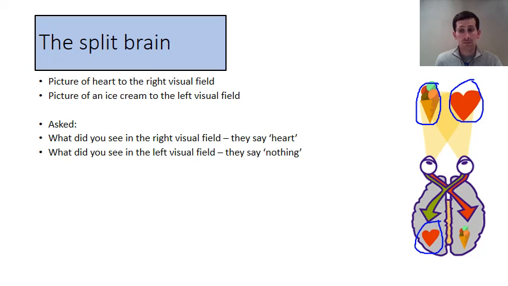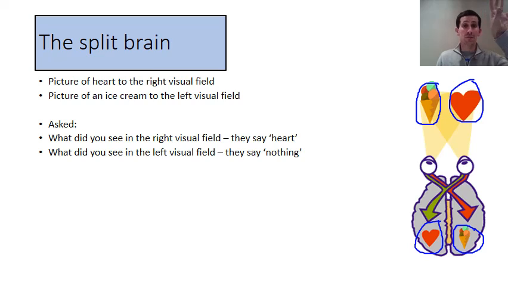they'd say nothing. Their brain is able to process this information because it's on the right side of their brain, but they haven't got the language on this side of the brain in order to say ice cream. So they're only able to express what they see if it's in the right visual field, because that's processed by the left side of the brain that controls language.